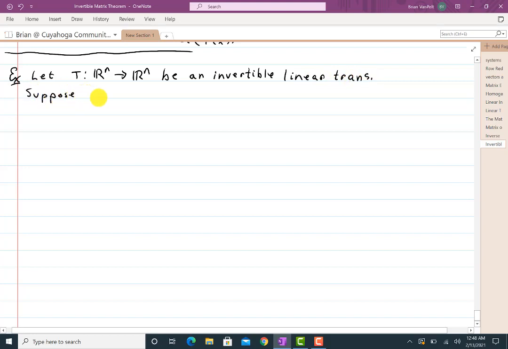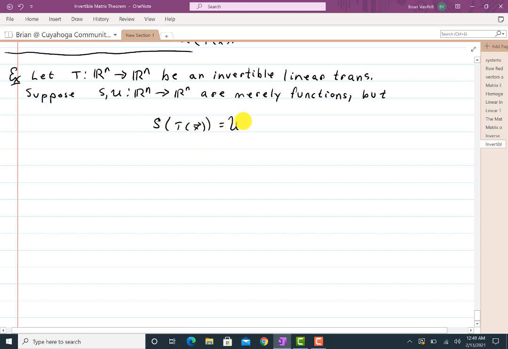Suppose S and U from Rn to Rn are merely functions, but S of T of x equals U of T of x equals x for all x in Rn.